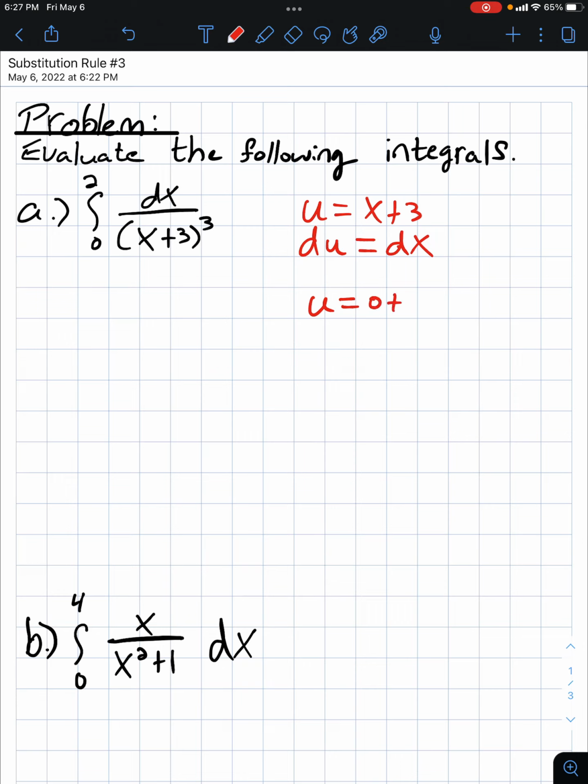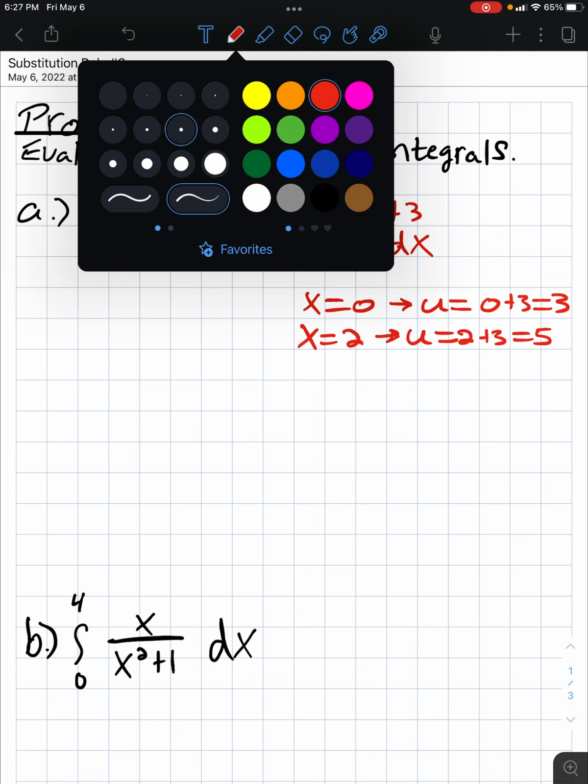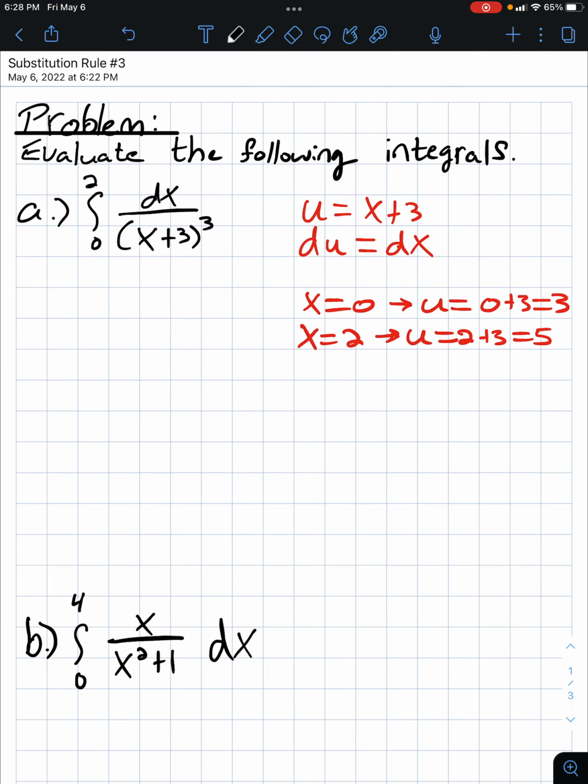When x is equal to 0, u is equal to 0 plus 3, which is equal to 3. When x is equal to 2, our upper boundary, u is going to be equal to 2 plus 3, which is equal to 5. So now we have our new boundaries and our u and du.